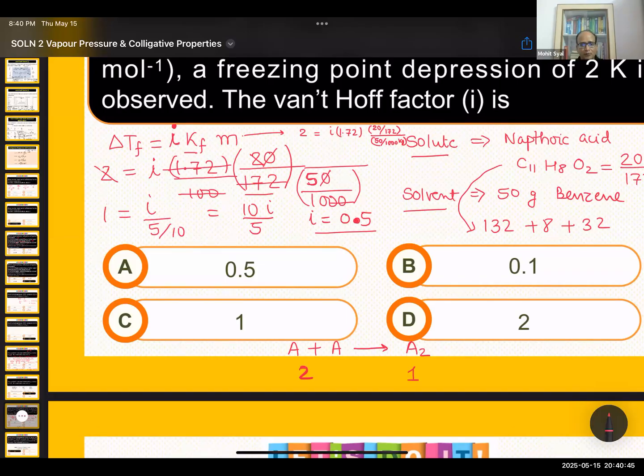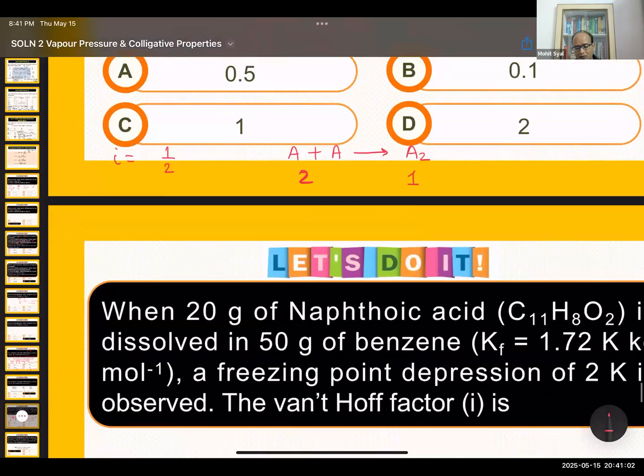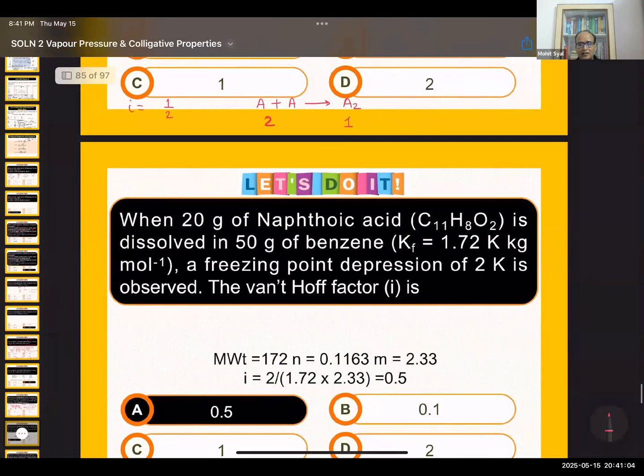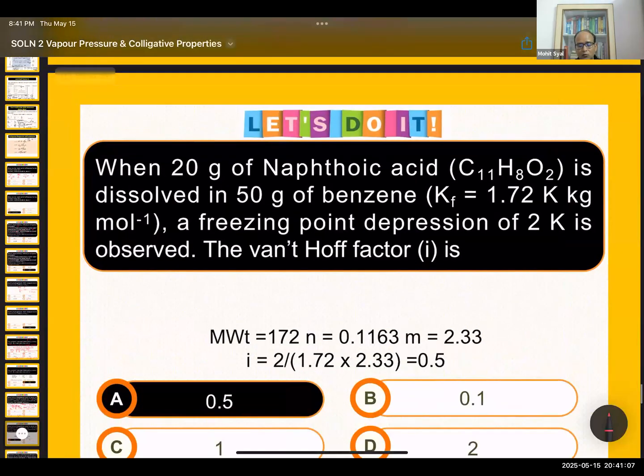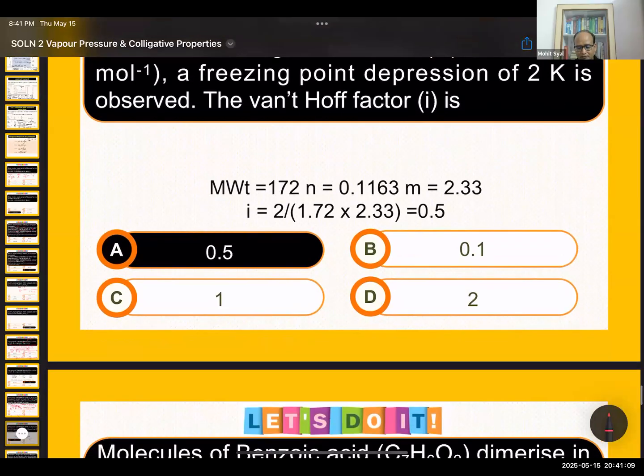Because of that, as we discussed earlier, I equal to final number of particles. So finally, you have just 1 particle. Initially, you started with 2 particles. Got it. So I equal to 0.5 means this naphthoic acid is undergoing dimerization. The 2 molecules are combining with each other.